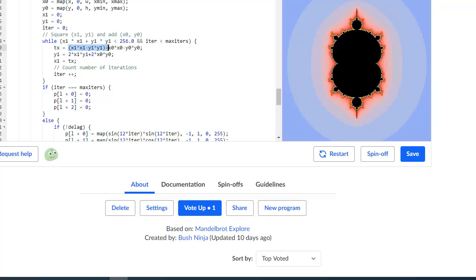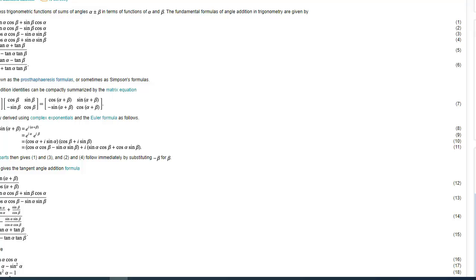So as for these functions right here, I will get you to look right back at the rotation matrix.